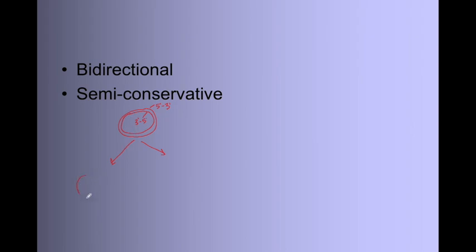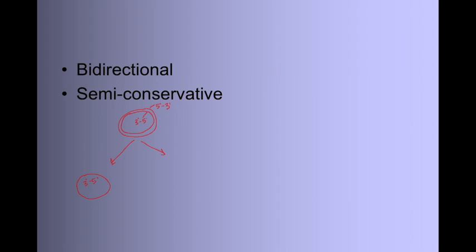Semi-conservative means one of these is going to serve as a template for one of the daughter cells. So here is that, for example, that 3' to 5' strand. It will serve as a template. That means just like you have a template when you're making a copy of something on a copy machine, right? That would be your original. And then the stuff that comes off of that copy are the copies, or in this case, the new strand.